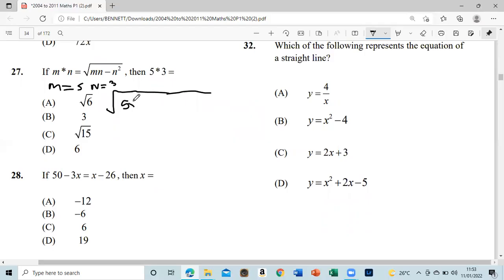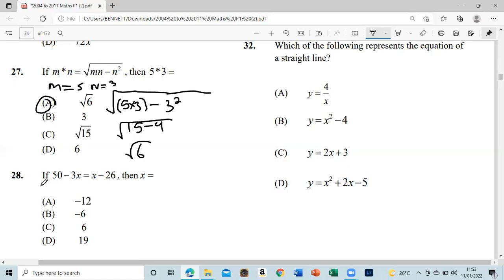You can put it in a bracket if you feel comfortable. Minus n squared, which is 3 squared. So 5 times 3 is 15, minus 3 squared is 9. 15 minus 9 is 6. So it's the square root of 6, and that would be A.